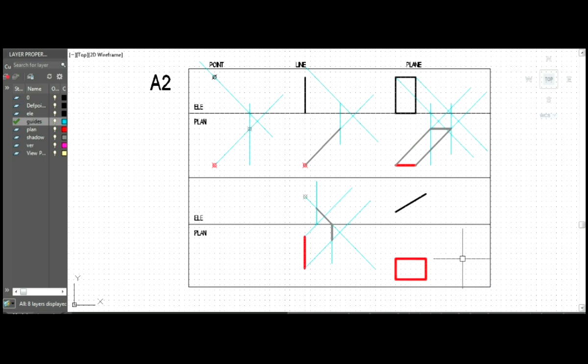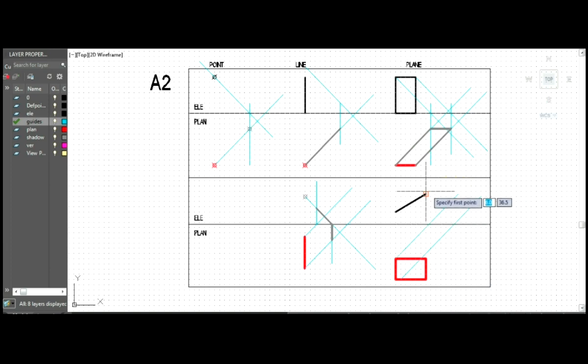Okay. Now that we have the object in front of us, to draw the shadow of this, we have to first draw the light rays. So let us begin by the base of the object. So we'll take a line at 45 degrees from both the points of the base.